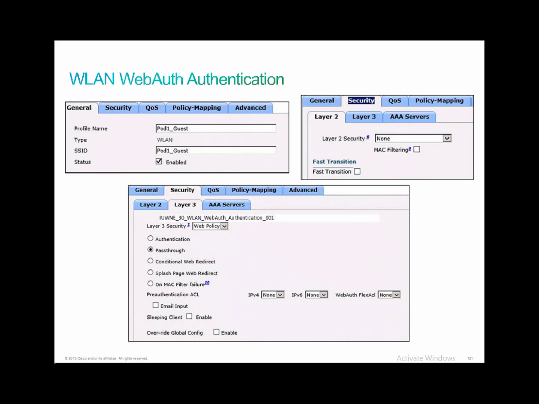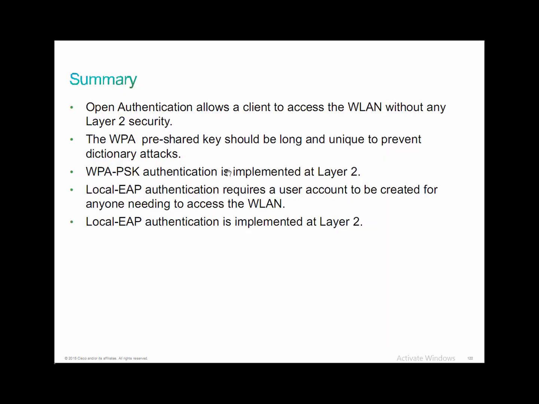All right. So just kind of peeling back the layers, right? We're taking a look at each piece by piece, identifying all of the functionality that's important for this wireless LAN controller. So we talked about open authentication. There's no layer 2 security.